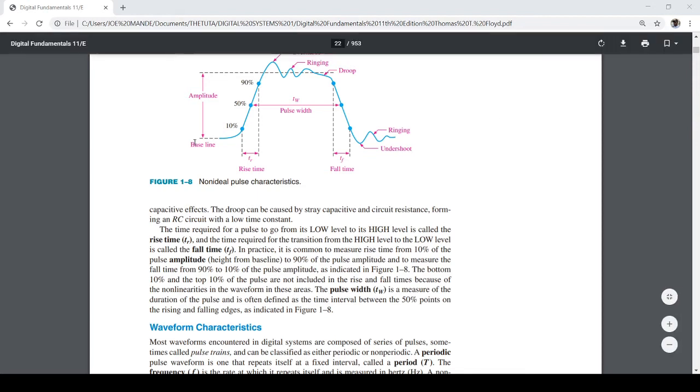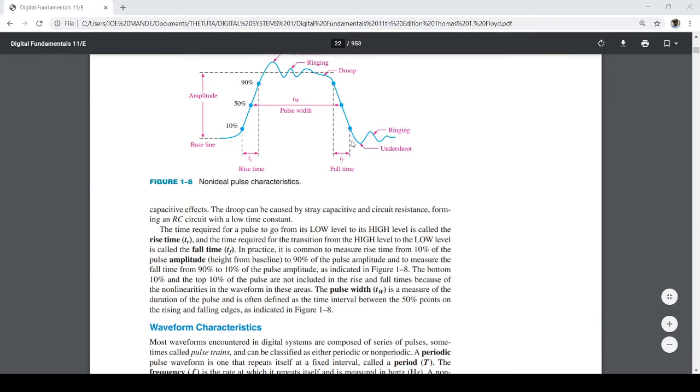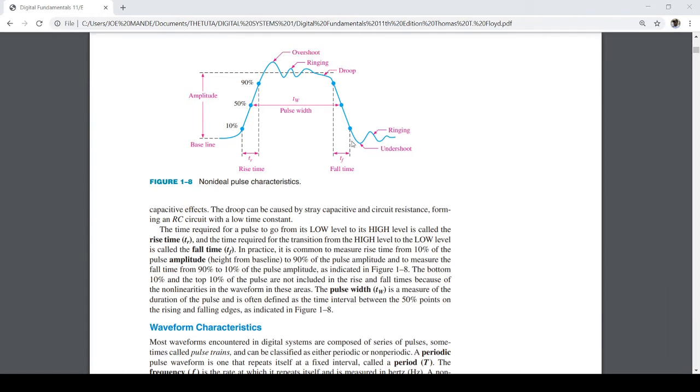So you have the rising and the falling, and this wave is not an ideal waveform, it's always a non-ideal form. But we have a linear amplifier which moves a non-linear to an ideal waveform.